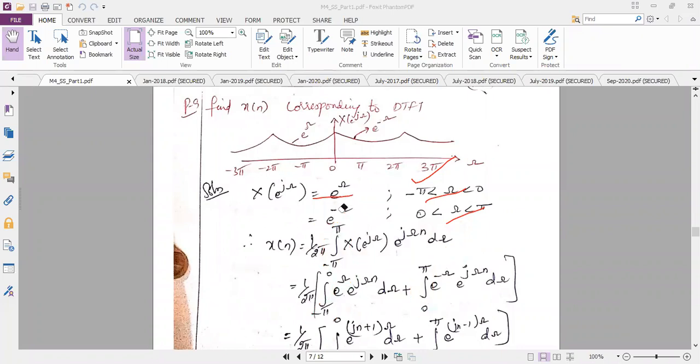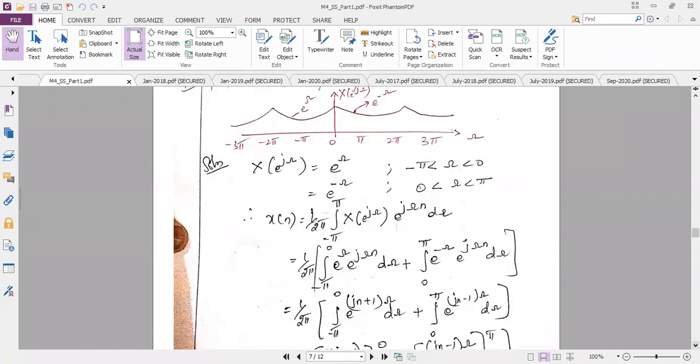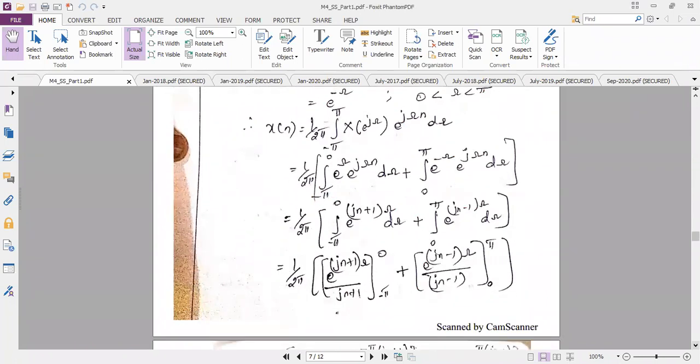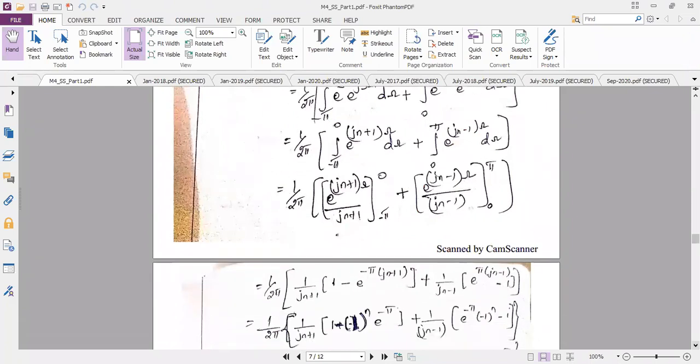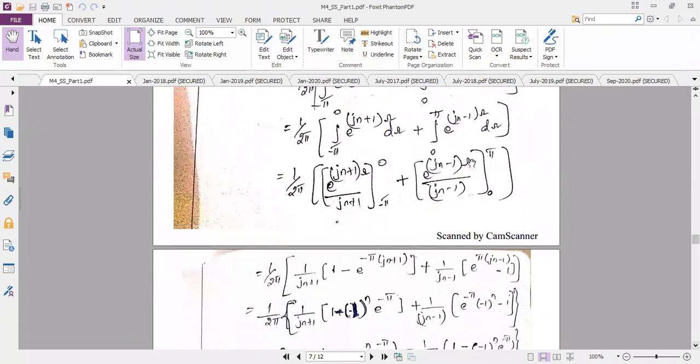So can you people take the common term in the power outside and arrange the e power term properly, and see whether you are getting this answer which is shown on the screen now. See this one. Are you getting that term? Yes, ma'am. So I think if it is in this form, we can easily do the integration, right?